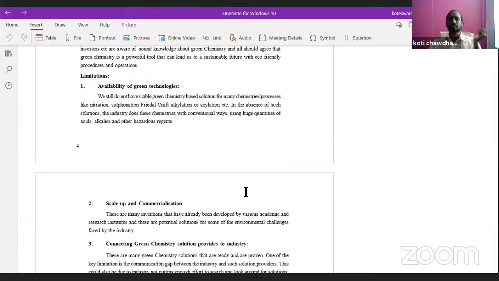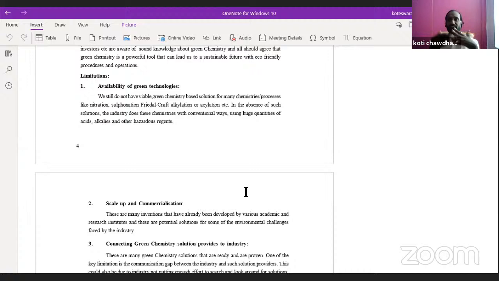It sometimes takes much time, but we need to develop it wherever it is required, because conventional procedures may give a greater amount of hazards, more wastage, and more impact on human life and the environment.